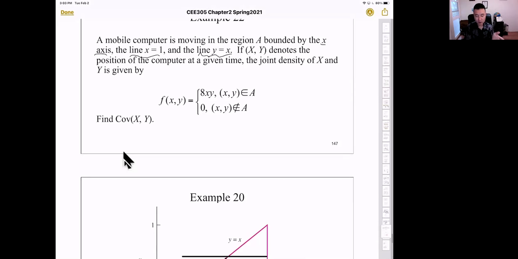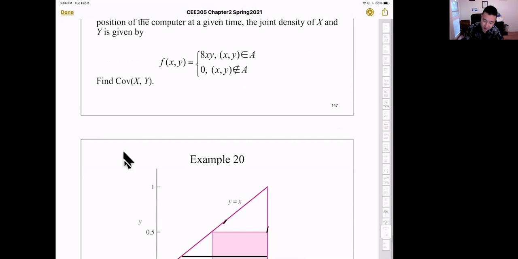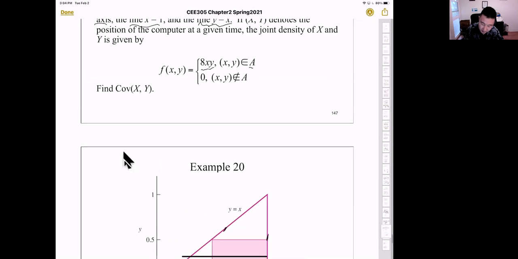So xy denotes the position of the computer at any given time, and we are given the joint density of x and y. We have joint density function f(x,y) equal to 8xy when the point (x,y) is in A. So when the point is within that triangle, the density function is 8xy.